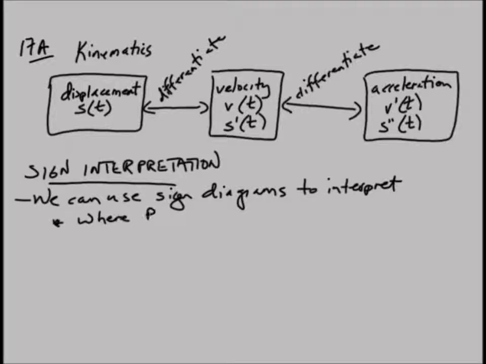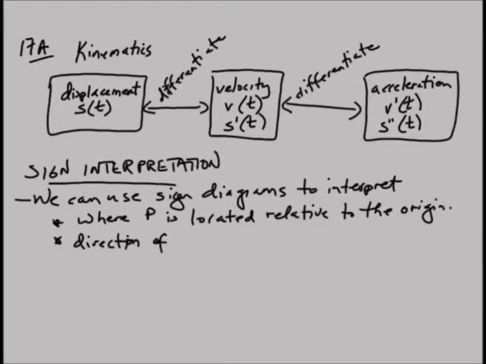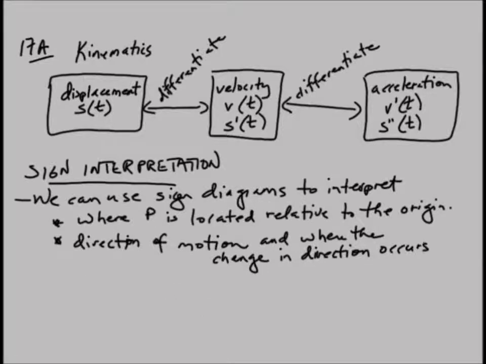Where the object, we'll call it P, is located relative to the origin. So where is it in relation to the origin? We can interpret the direction of motion and where the change in direction occurs, if there is a change in direction.